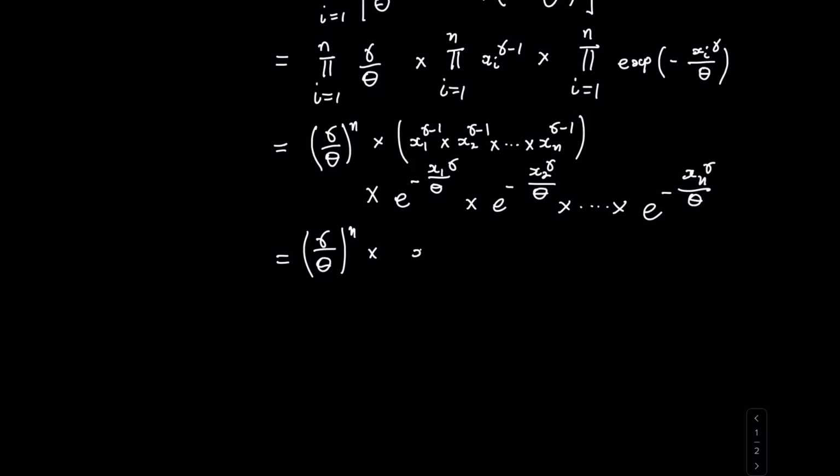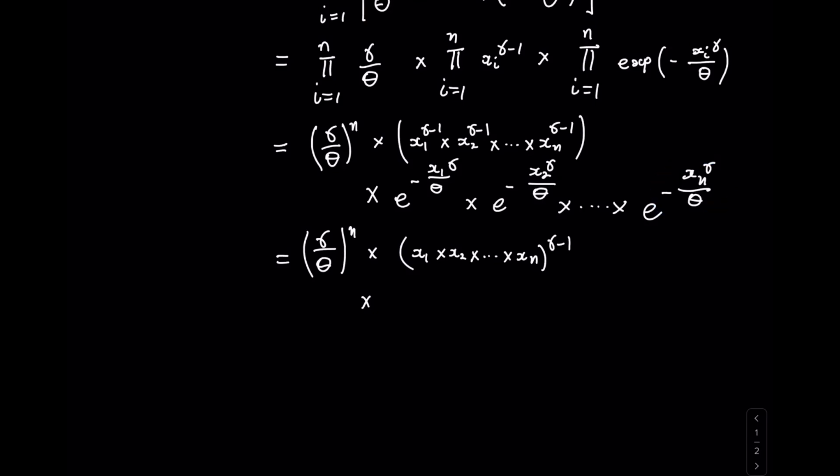So this becomes x1 times x2 times dot dot dot times xn, all to the power of gamma minus 1. Similarly, we can use a similar power law here where we've got the same consistent base, e, which means we can just add all these components together.